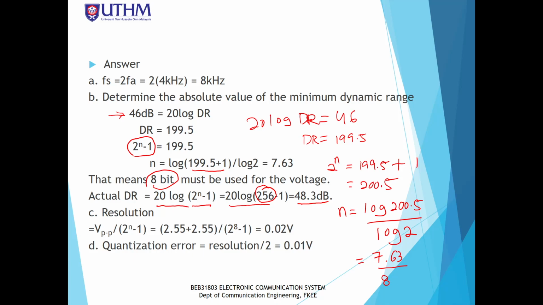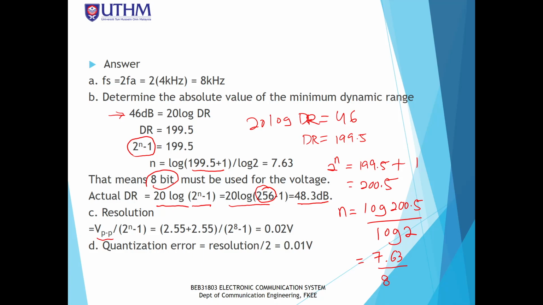So now we're going to use 8-bit. We cannot use 7.63. And then what? Question C. The next question asks you to find the resolution. So resolution is equal to the range of voltage from maximum to minimum, which is V peak to peak, divide with the dynamic range.